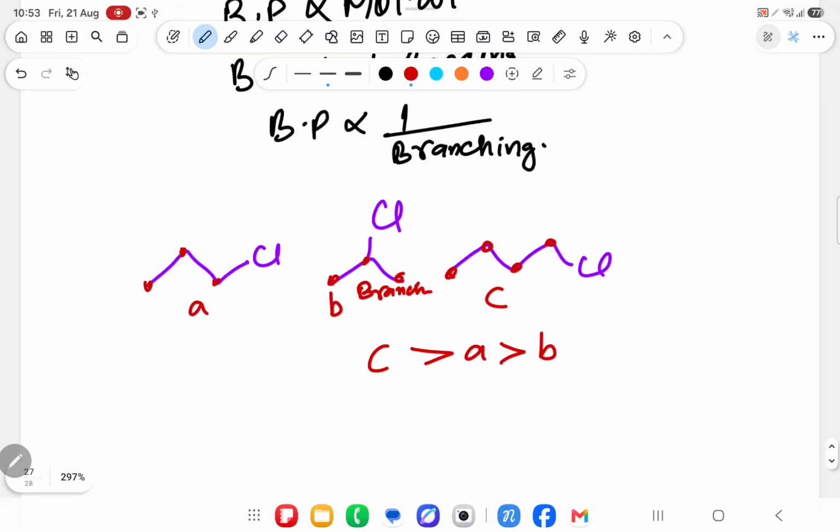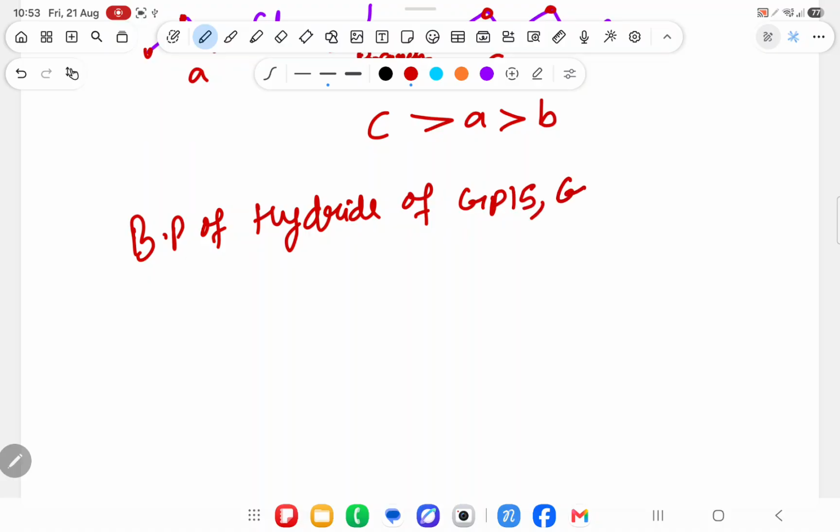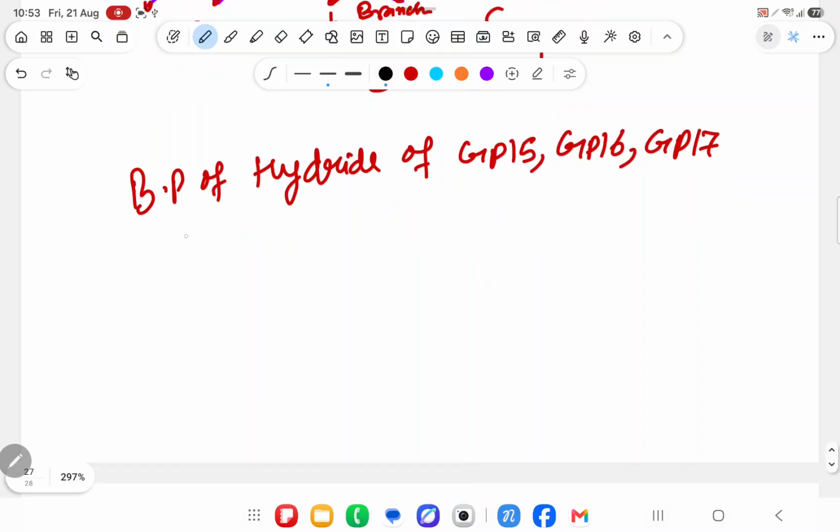Everyone, especially you will learn the boiling point of hydrides of group 15, group 16 and group 17. Very important. Group 15: N, P, As, Sb, Bi.